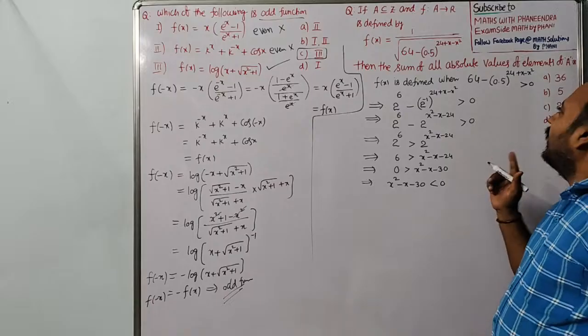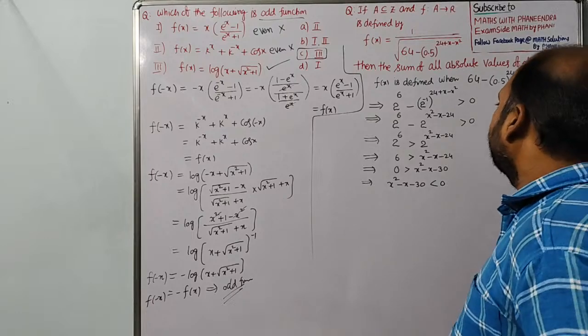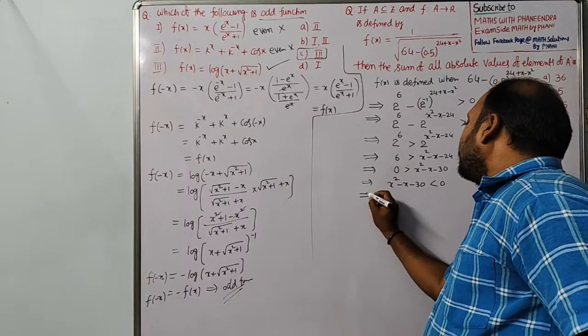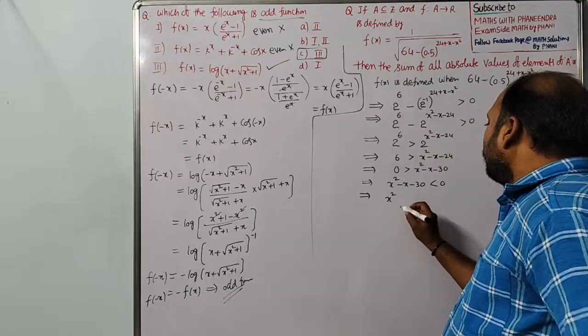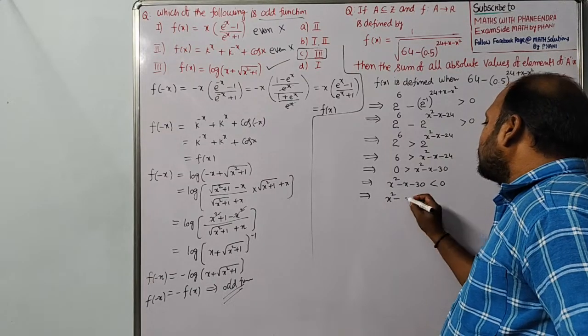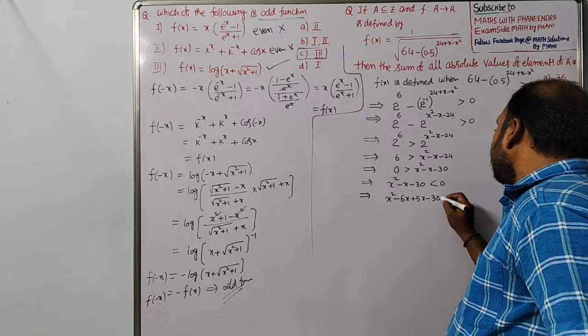Whenever the inequality will change, factorization we need to do that. x square, and minus 30 means minus 6x plus 5x, minus 30 is less than 0.